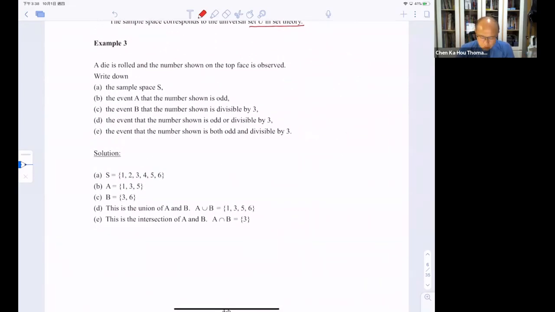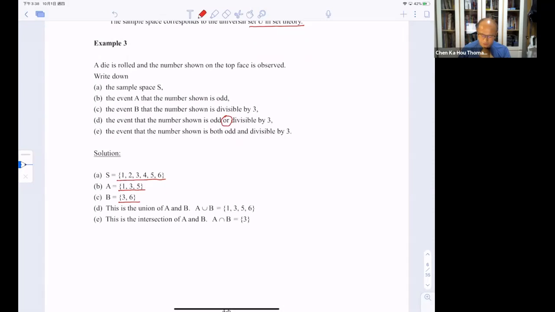A very simple example: if you roll a die, the number shown on the top face is observed. Write down the sample space. 1 to 6 is the sample space, right? Event A, the number shown is odd. Event B is divisible by 3 or 6. And D, now be careful, is the event that the number shown is odd or divisible by 3.